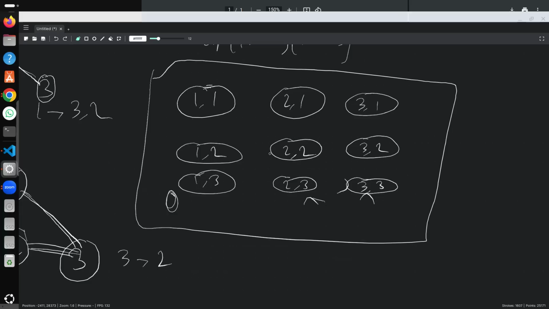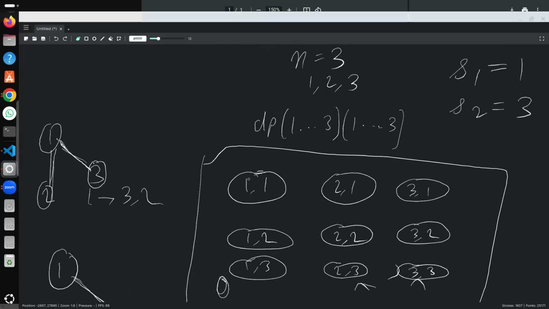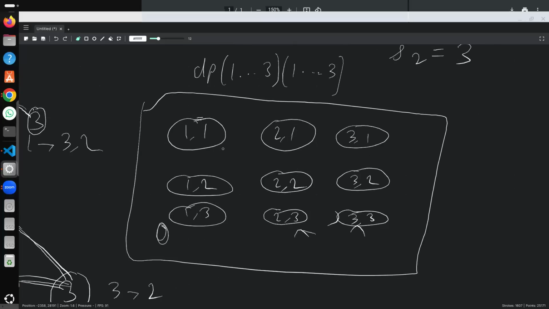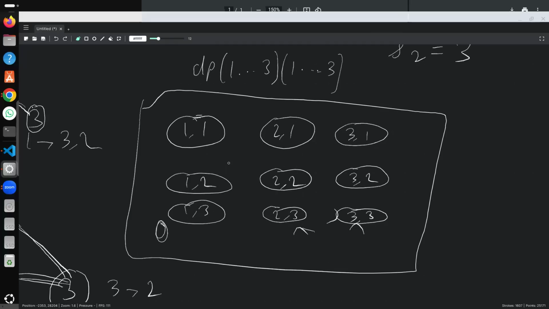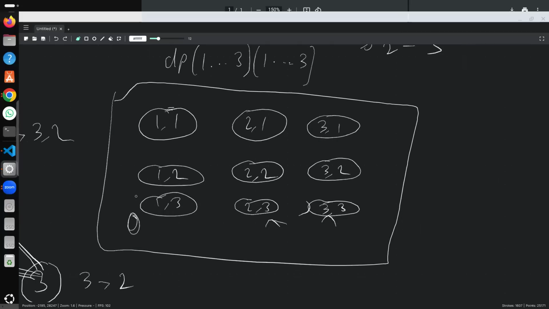Basically that's what we are doing: we want to figure out the cost to reach the same node, and the minimum of that cost would be our answer. Suppose I am able to reach 1, 1 from 1, 3, actually that is not possible, because that would need an edge from 1 to 1, which is not possible. But let's say I am able to reach 2, 2 from 1, 3. So the edge weight is 0, so I can reach here in 0 cost.